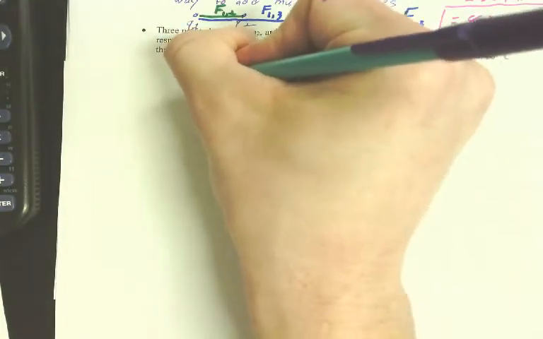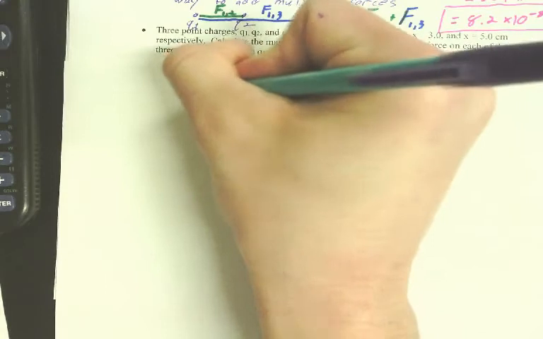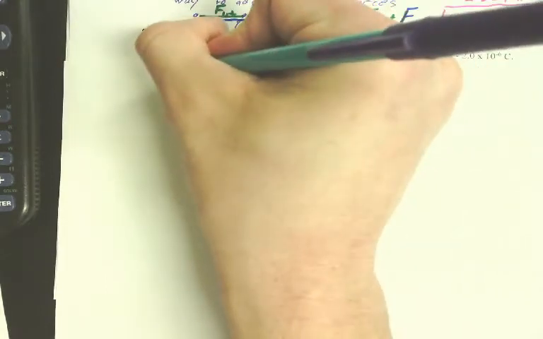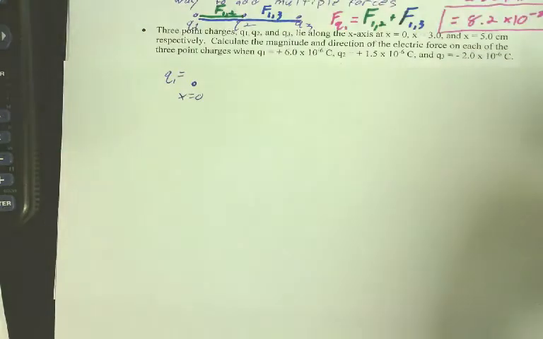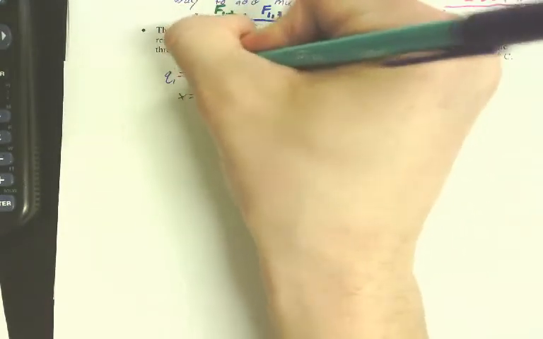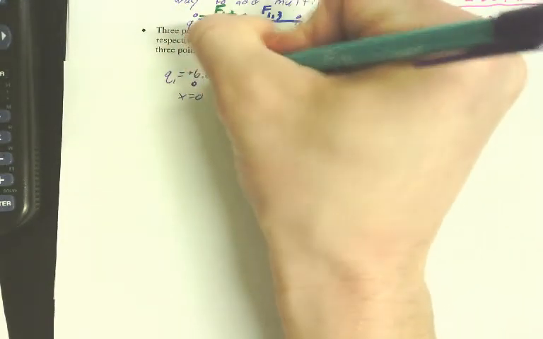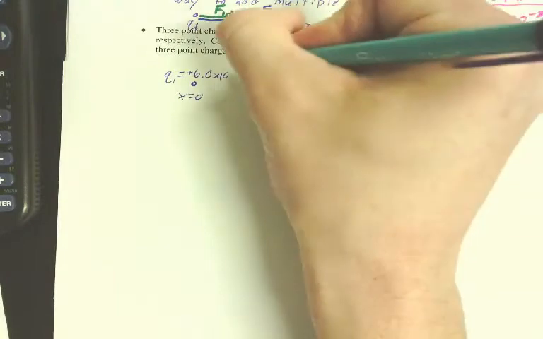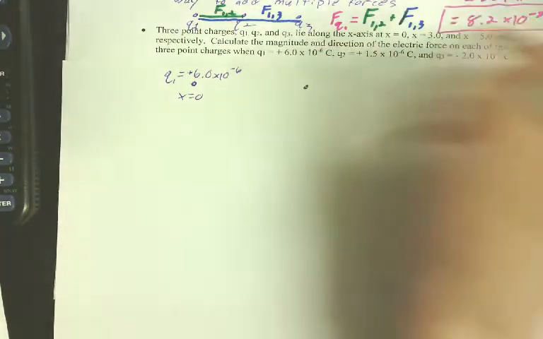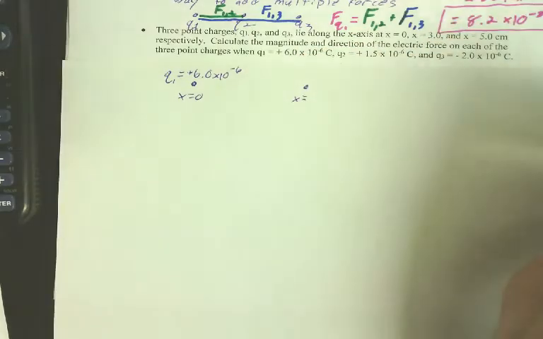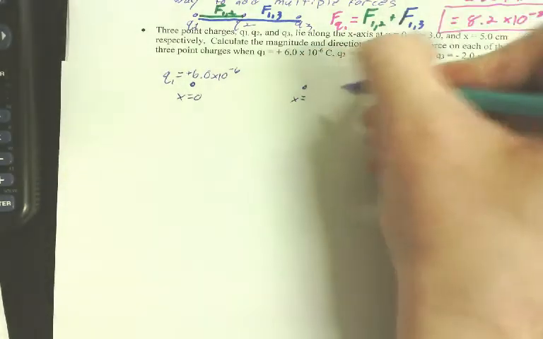So here are my 3 charges. At x equals 0, I have Q1. And Q1 has a value of positive 6 times 10 to the negative 6th. Here is my second one. Okay, this is at x equals 3 centimeters.